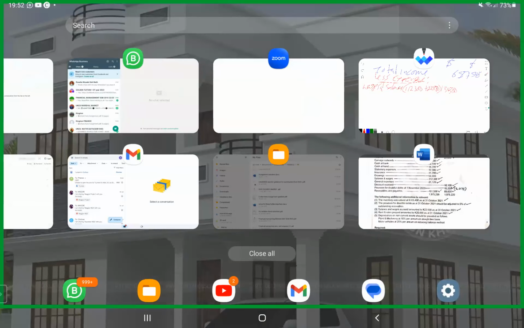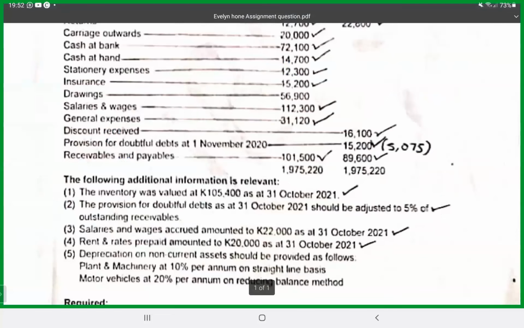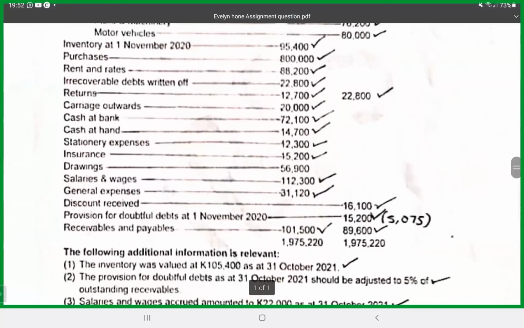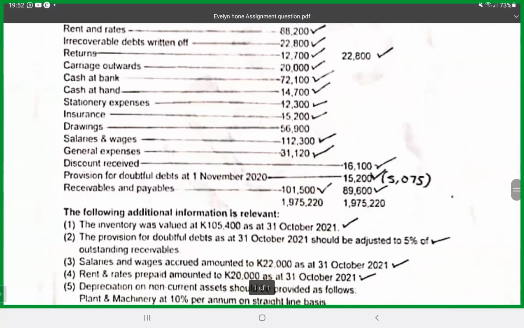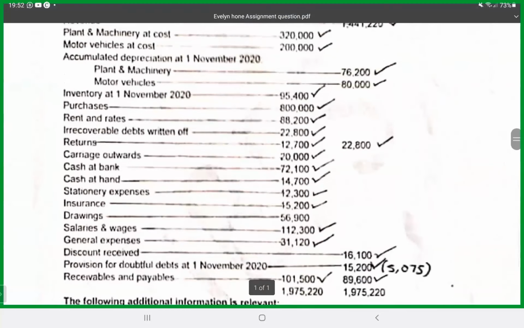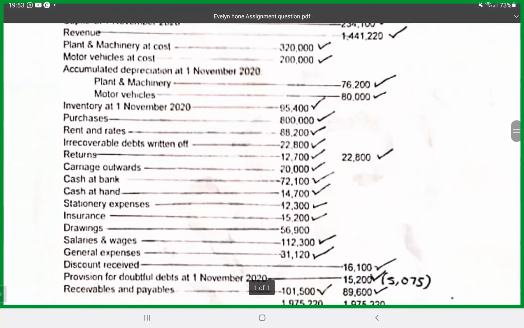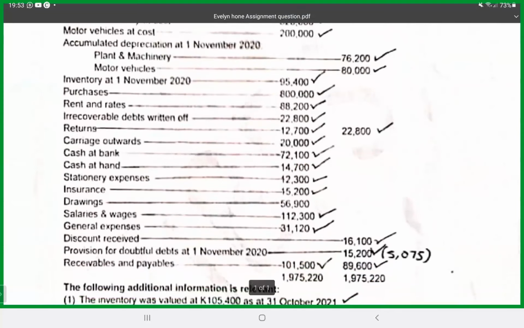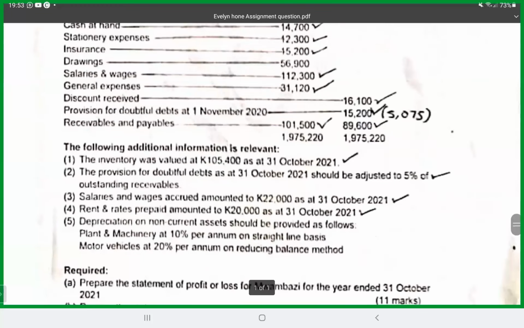We can still have the rent and rates as well. They have an adjustment. Rent and rates are just below the purchases: 88,200.